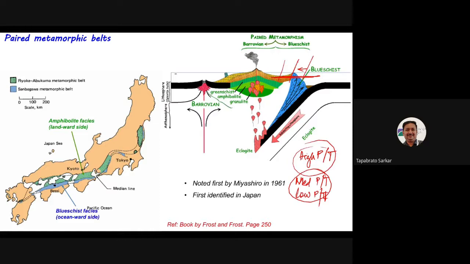When we find these rocks on the surface, we call them paired metamorphic belts. And even if we do not see the subduction happening, we can infer that there is a subduction zone scenario either presently or previously in the geologic past.